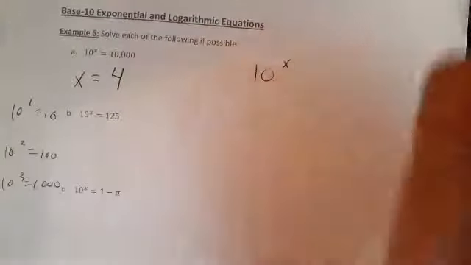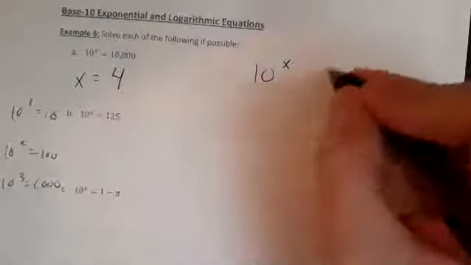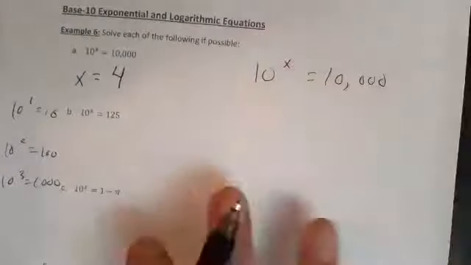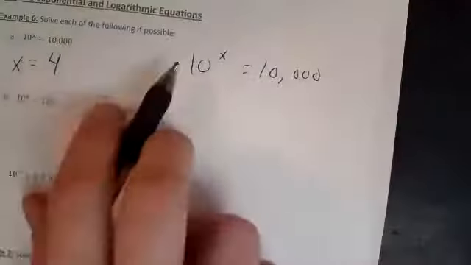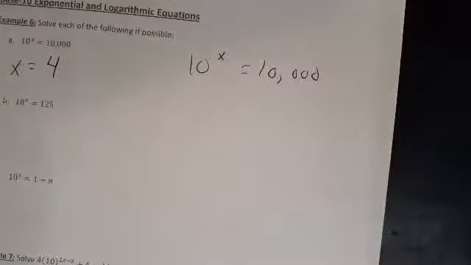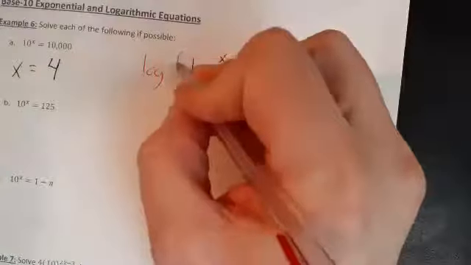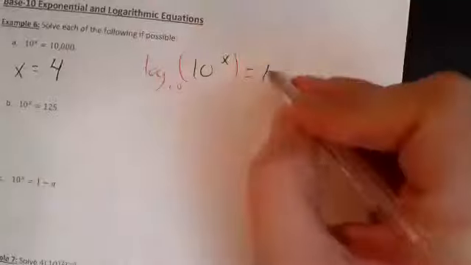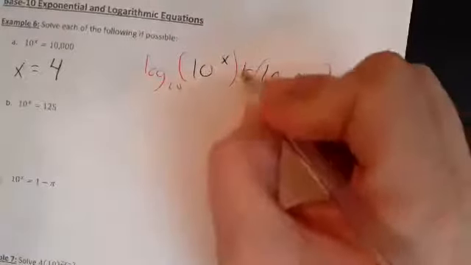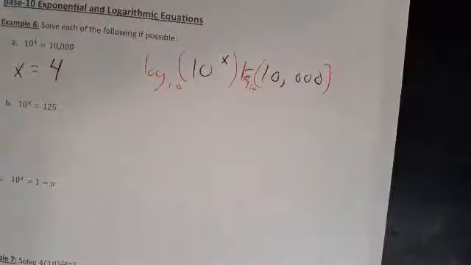If I have a 10 to the x and I want to get rid of that 10 to the x, guess what I have to do to get rid of it? I have to take the inverse. So this is log base 10 of this thing, and I also have to take a log base 10 of this thing.